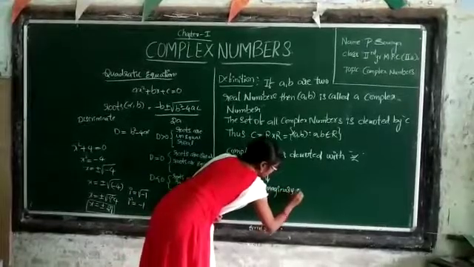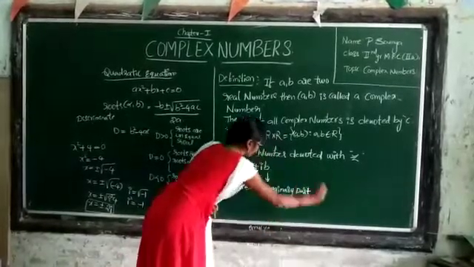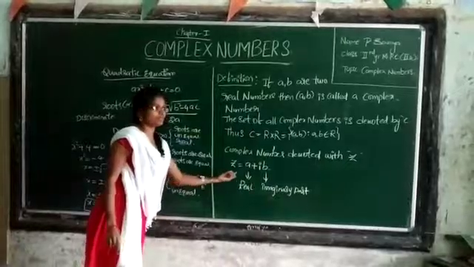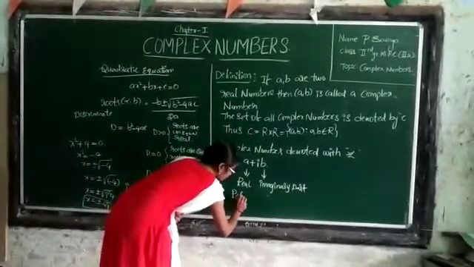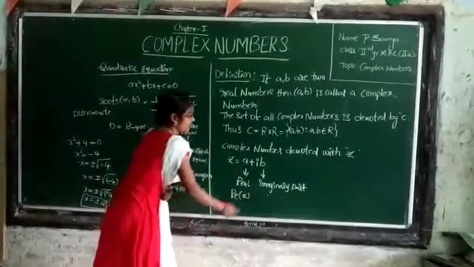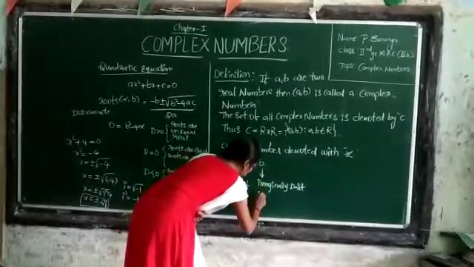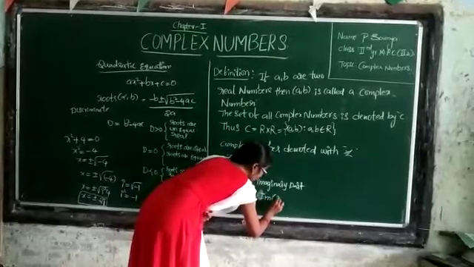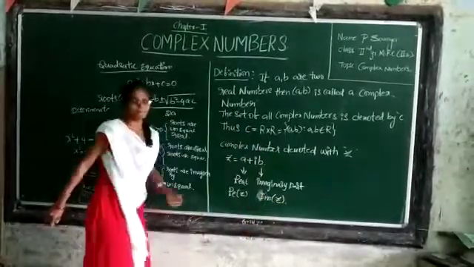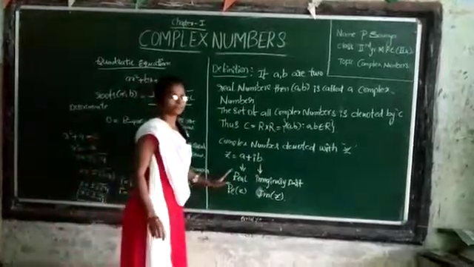How can we write it? The real part is Real of z, and the imaginary part b we can write as Imaginary of z, that is Img of z.